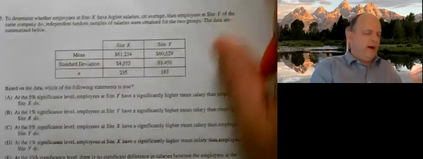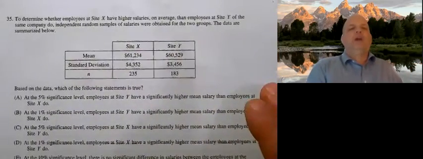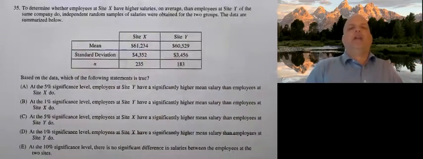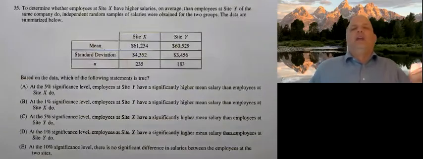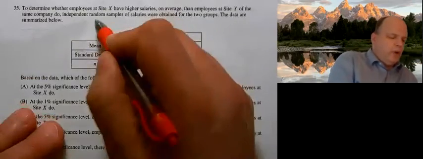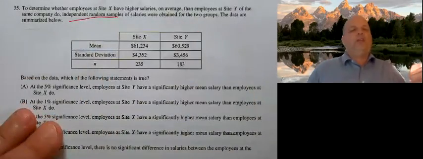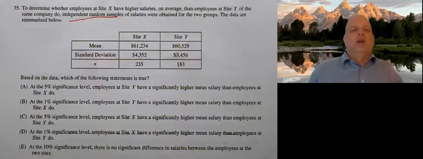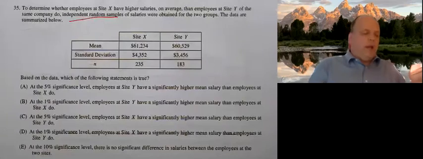All right, number 35. To determine whether employees at site X have higher salaries than site Y, 2 independent random samples were obtained. So we have two independent samples. So it's going to be a 2 of something test. Based on the sample, what are we doing? So now we have sample mean.